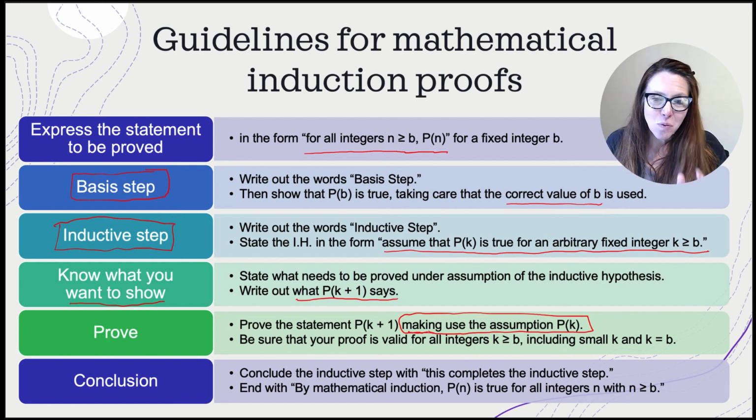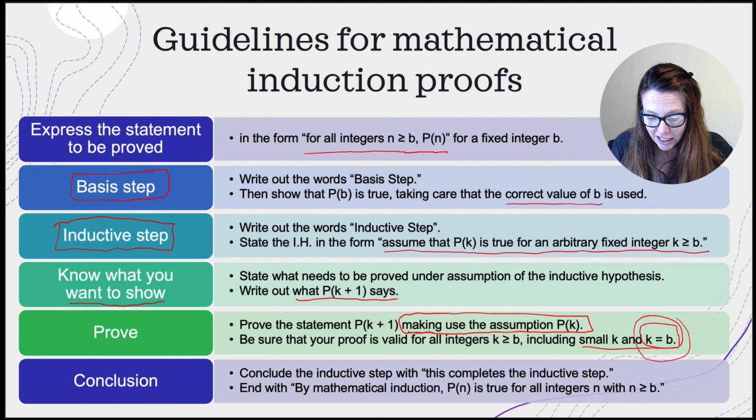So you want to make sure that your proof is valid for all the integers in that domain of interest. So all those integers k greater than or equal to your base case b. Most importantly, thinking about small k and especially k equals b. Make sure that you're not assuming that k is very large.